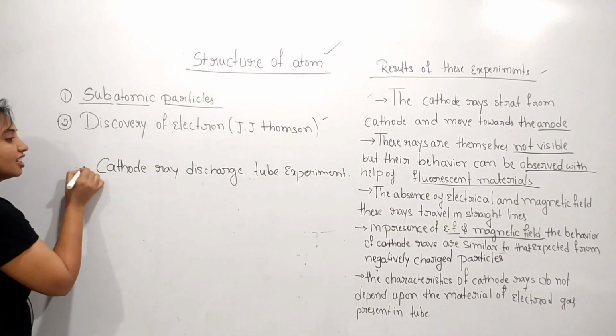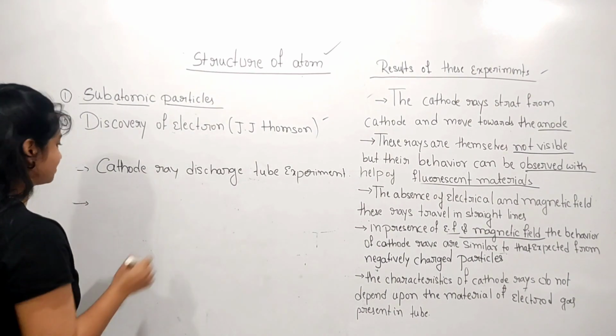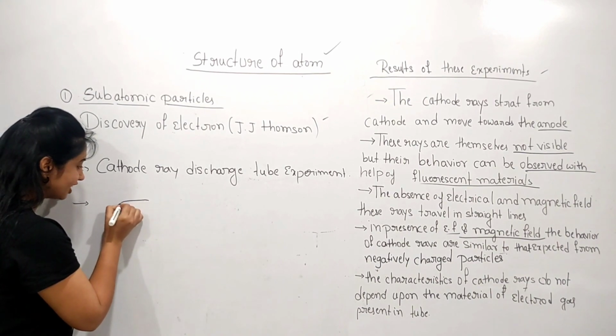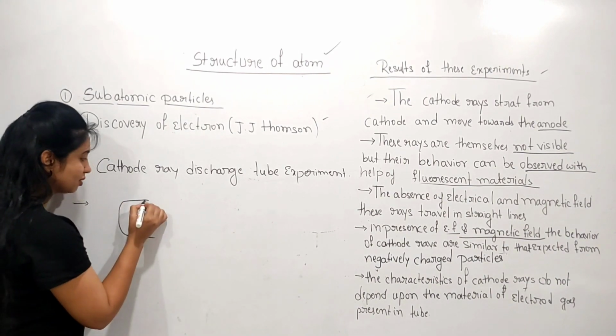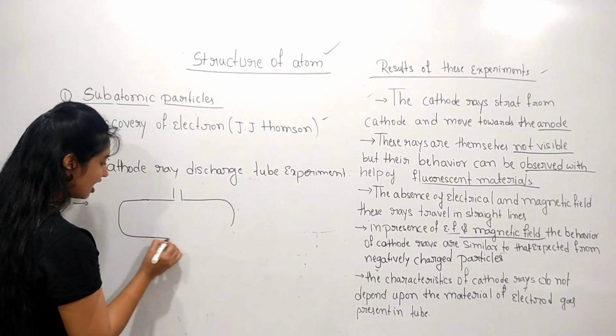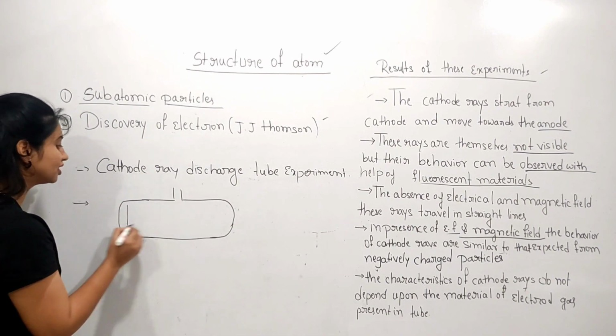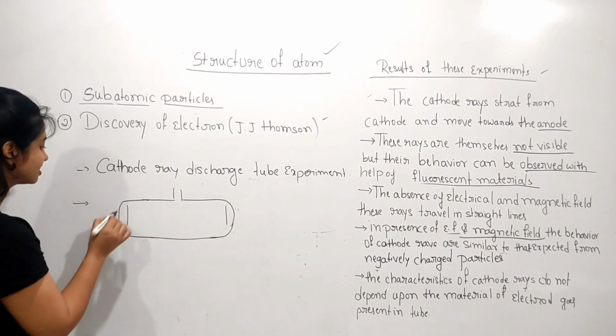First, I wish to describe the experimental setup of the cathode ray discharge tube experiment. First we take a glass tube, and this glass tube is connected with two thin metal pieces.